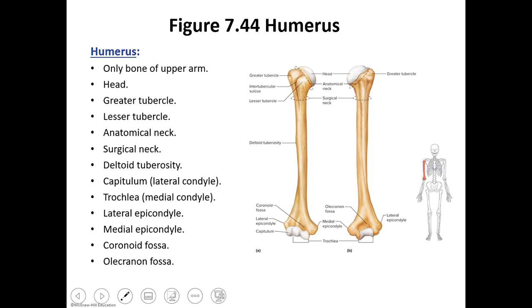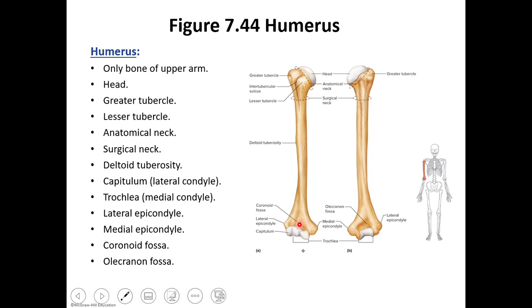You come down here to the distal end of the humerus, and you have the trochlea. And you have the lateral condyle and the medial condyle, and they go by different names. Like I learned them as lateral and medial condyles.